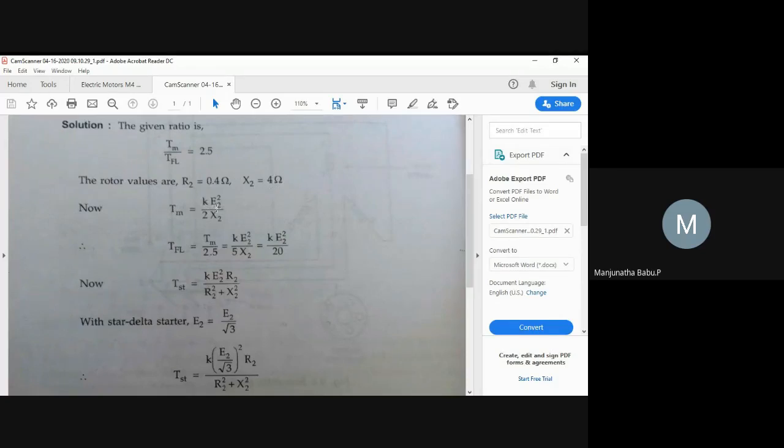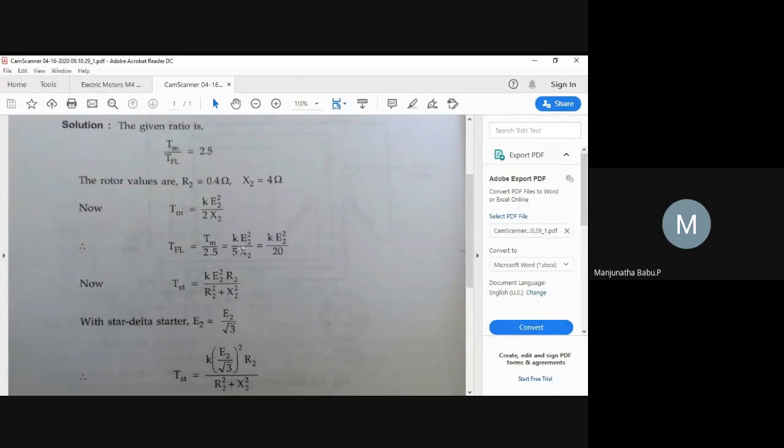Maximum torque is equal to K into E2 square by 2 into X2. Maximum torque by TFL is equal to 2.5, so TFL is equal to TM by 2.5.